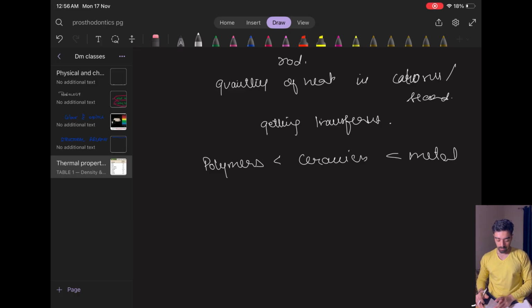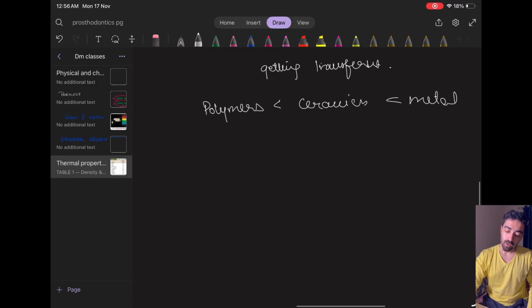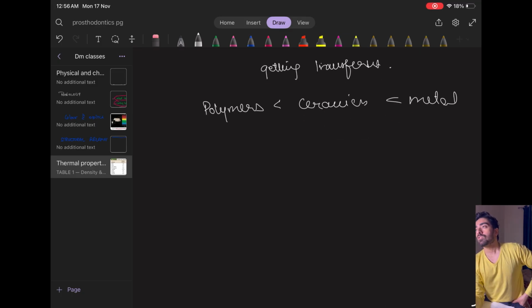Sure. This point is covered. Now let us go to this point. Anyone, what is a conductor and what is an insulator in terms of conductivity? Something is having high conductivity, so will it be a conductor or an insulator? Yes, good. And what about an insulator? Low conductivity. Good.